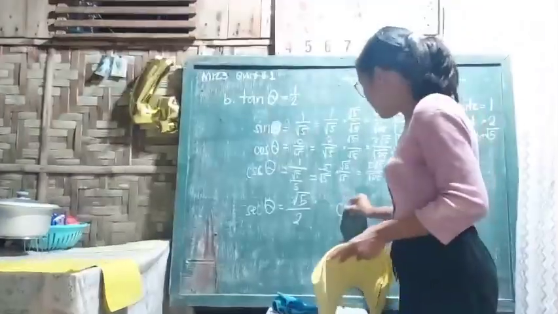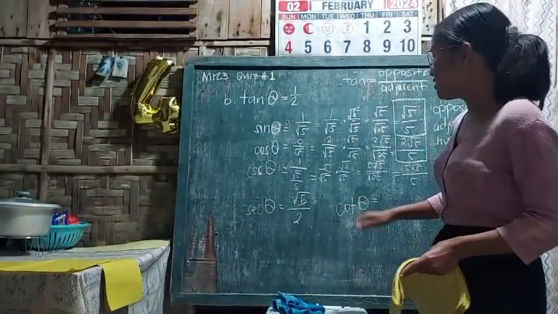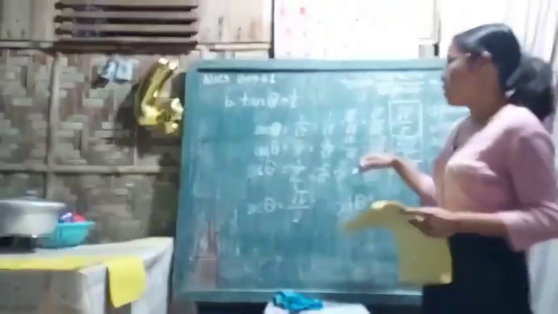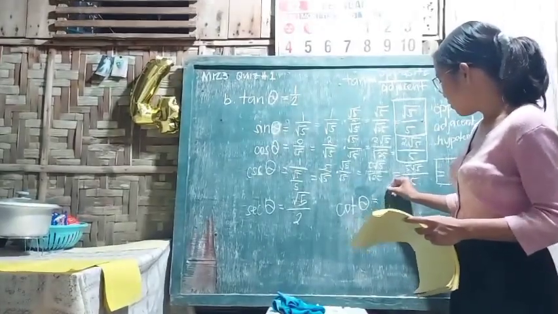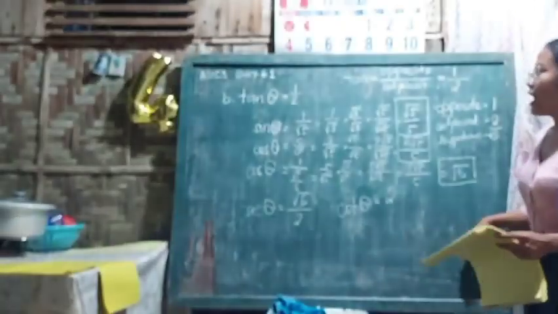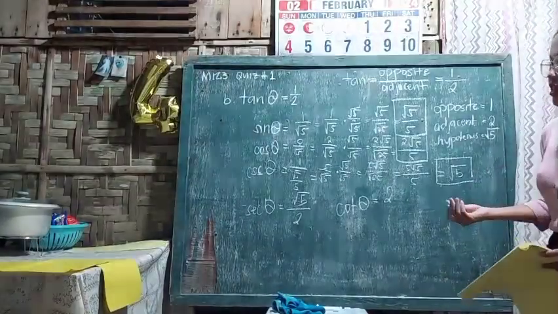Now our cotangent is the reciprocal of our tangent, which is 2. Now, we have the 6 trigonometric functions.